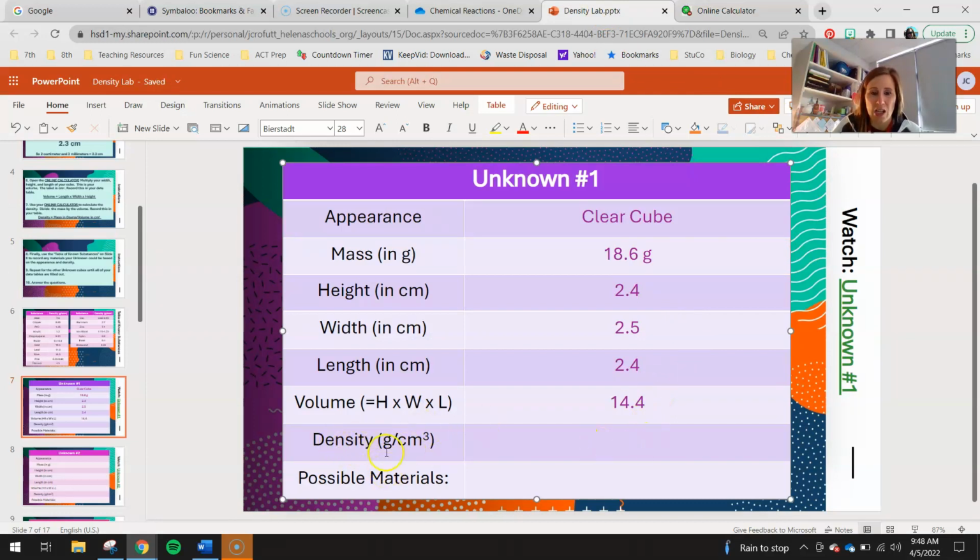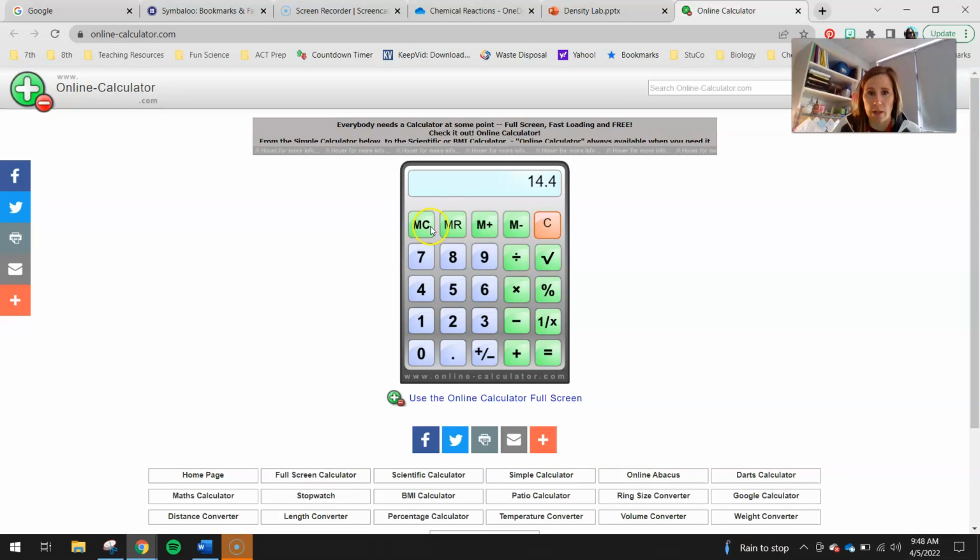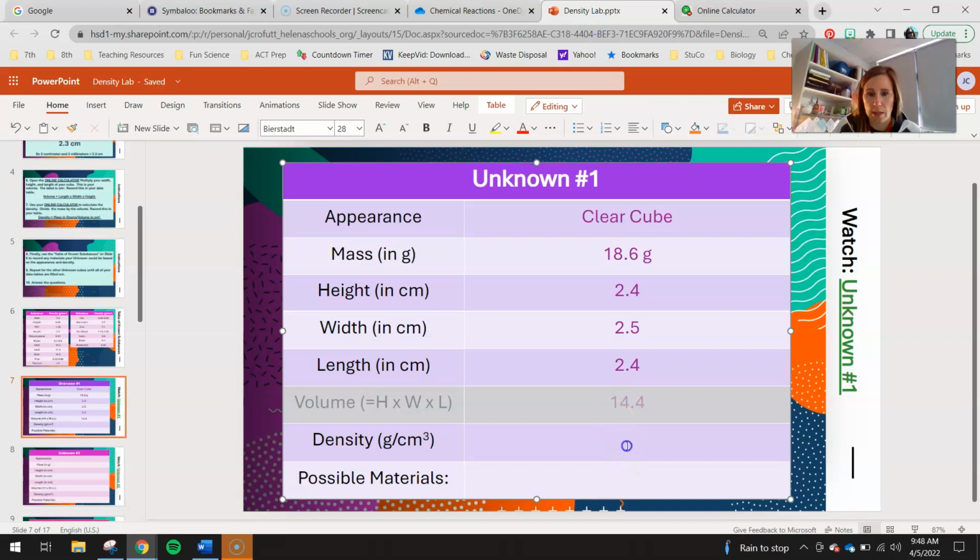To calculate density, we're going to take the mass divided by the volume. So we're going to need this column right here, and then we're going to divide that by this column. So we're going to take 18.6 divided by 14.4, which is our volume, equals 1.29. Okay, so our density of this is 1.29.